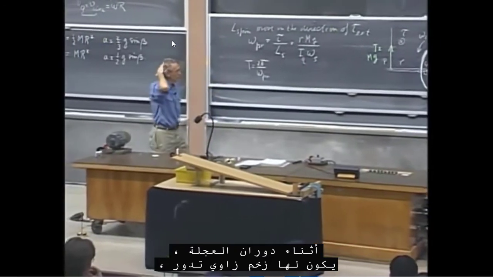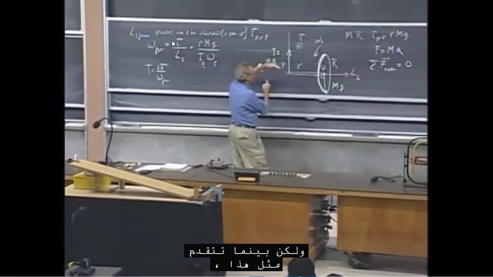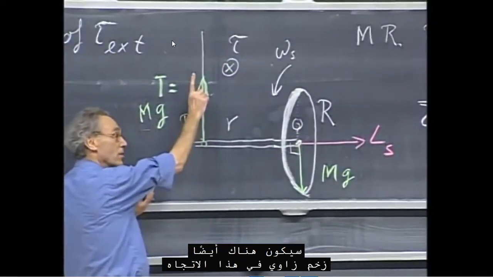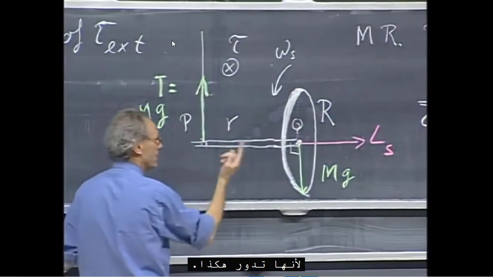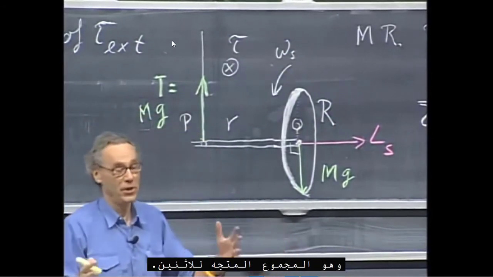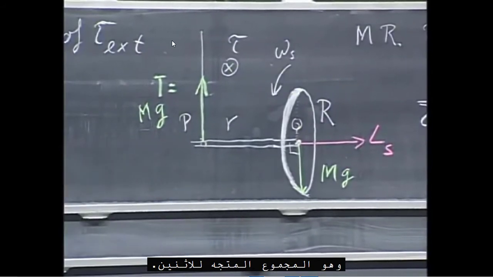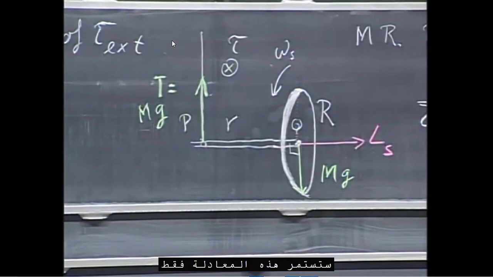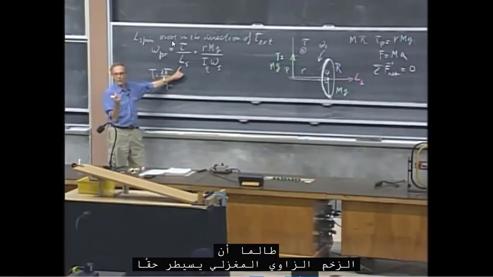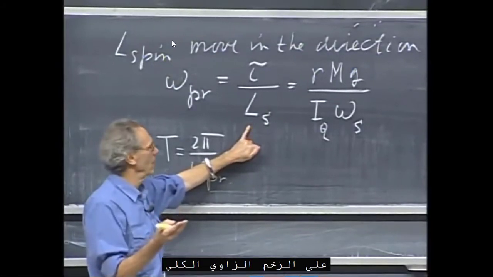As the wheel spins, it has spin angular momentum, but as it precesses around like this, there will also be angular momentum in this direction, because it's rotating like this. Therefore, there is a total angular momentum, which is the vectorial sum of the two. This equation will only hold as long as the spin angular momentum is really dominating the total angular momentum.